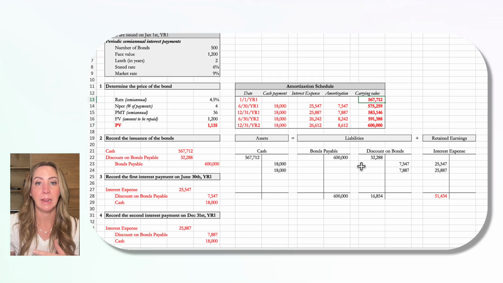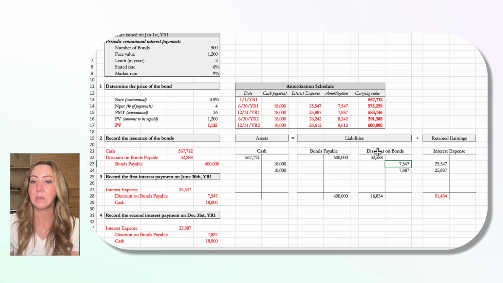And then we use that as an anchor to multiply by the market rate each row, right? Each time we make a payment, we multiply that by the market rate, and it shows us how much our interest expense should be. The difference here between our interest expense, what it should be, and what we're actually paying is the amount of amortization of the discount. So the amount that we're moving out of the discount account and into interest expense. It's just a placeholder for the extra interest.